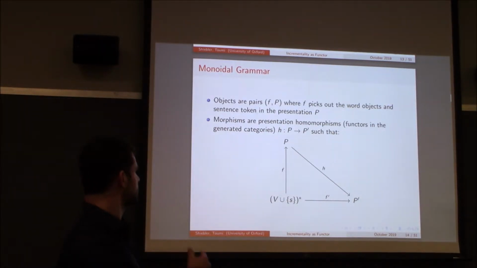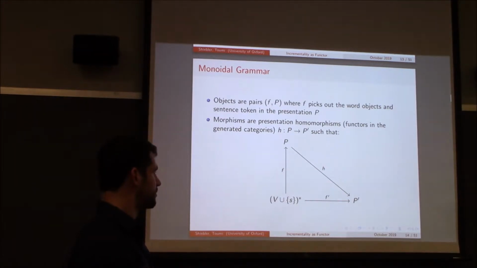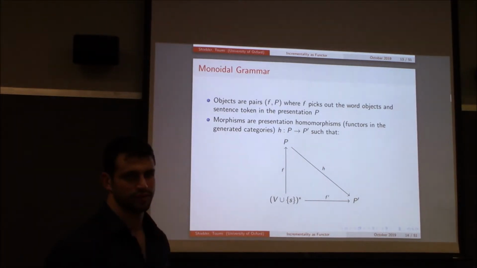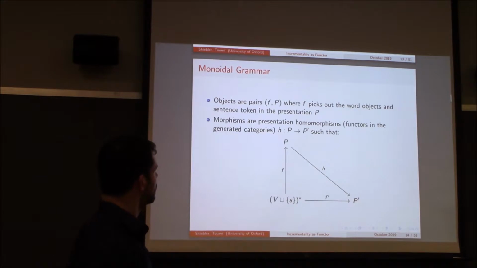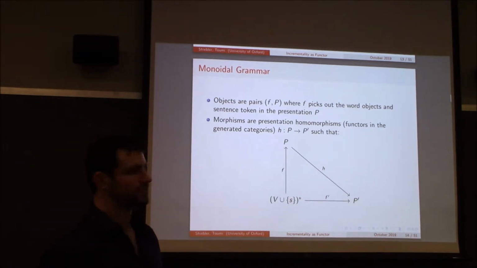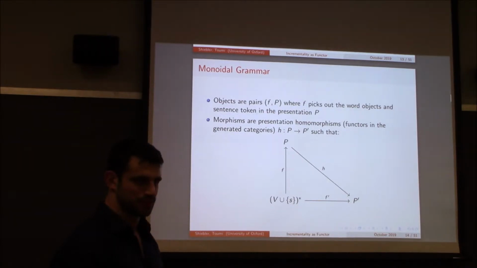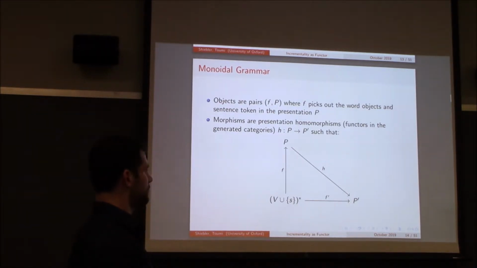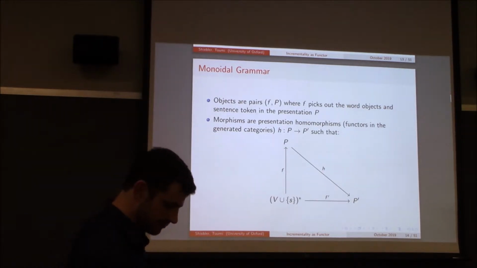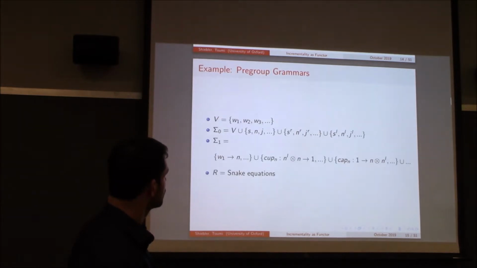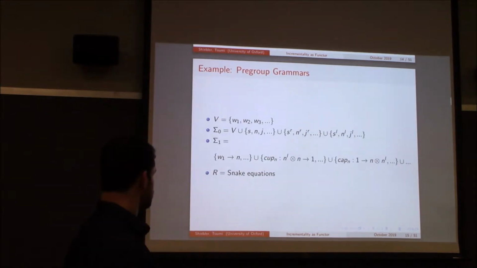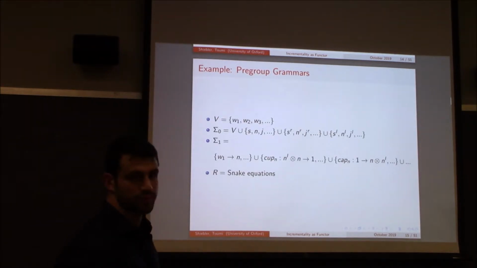So this is just what a morphism looks like in a slice category. I don't think there's really anything else on here. This is just a picture of it. We have these presentation homomorphisms, which are just our monoidal functors, where we have this commuting condition. So here's an example for pre-group grammars in the language of the presentation.